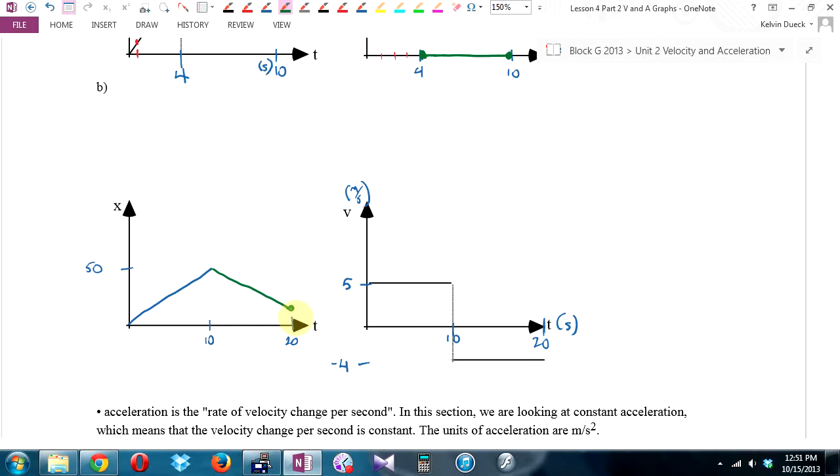What's my speed here? -4? How many seconds go by? How far would I travel? I think this is going to be 10. I think I get back to 10 meters from where I started from. Is that okay? This is complicated, I know.